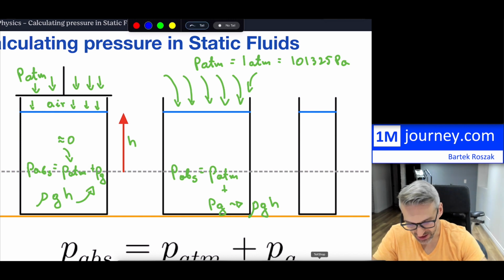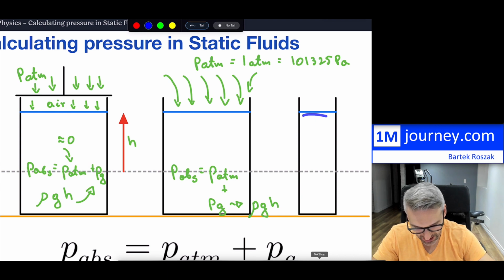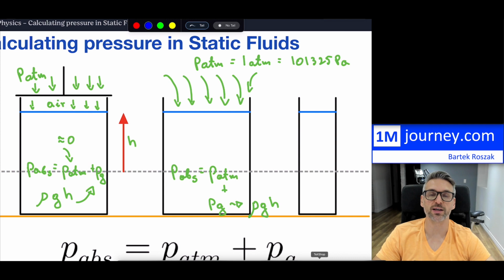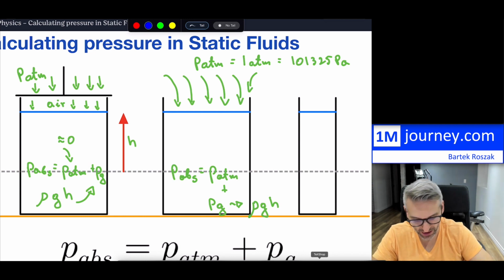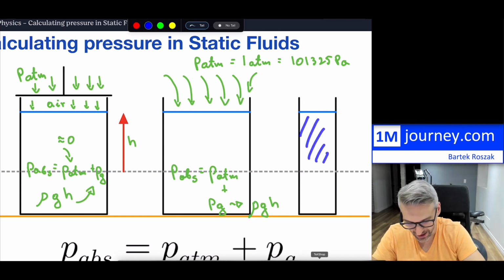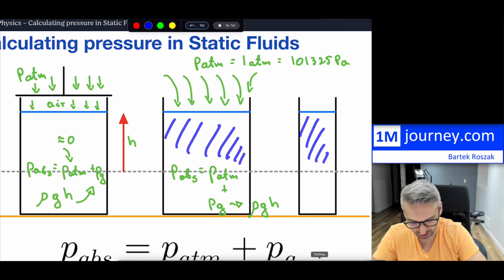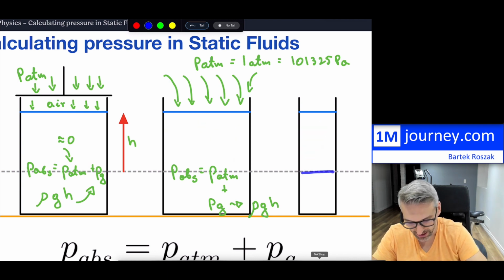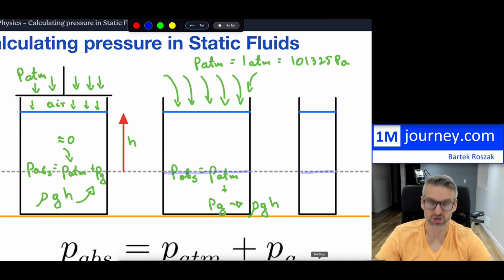Just because we've basically shrunk this, there's still the same amount of fluid up above. If you're talking about pressure, pressure is the actual force exerted over a surface area. So yes, the amount of fluid is less than it is over here, but your area proportionally also has changed.